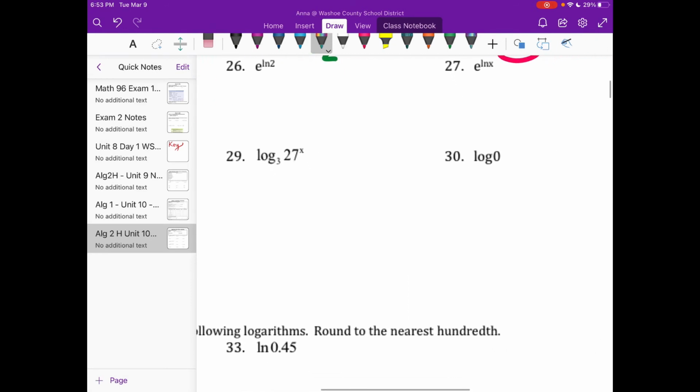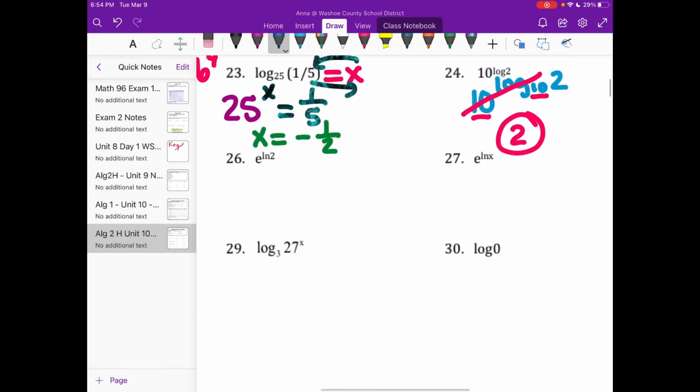Right. 26. Now 26, when we have e being raised to the power of ln of anything, e and ln are opposites. It's kind of like when you had the 10 being raised to a log, those are opposites. Those guys kind of match too.